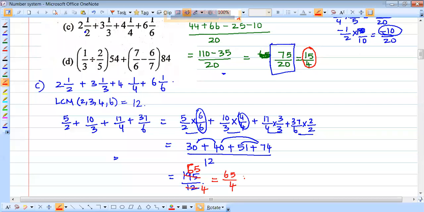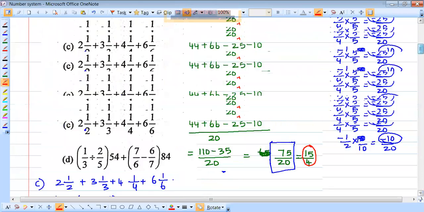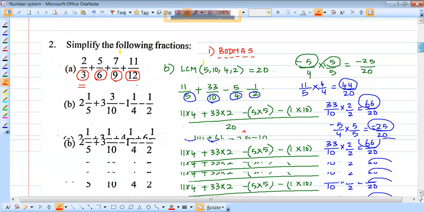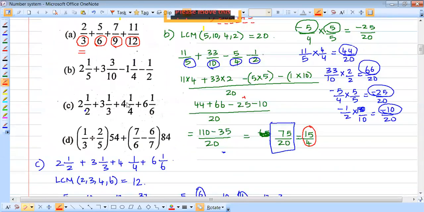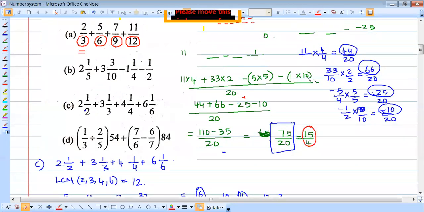Okay. So now it's the time to discuss question number 2nd D. So let me rub this answer for this question. This will be easy for me to calculate.